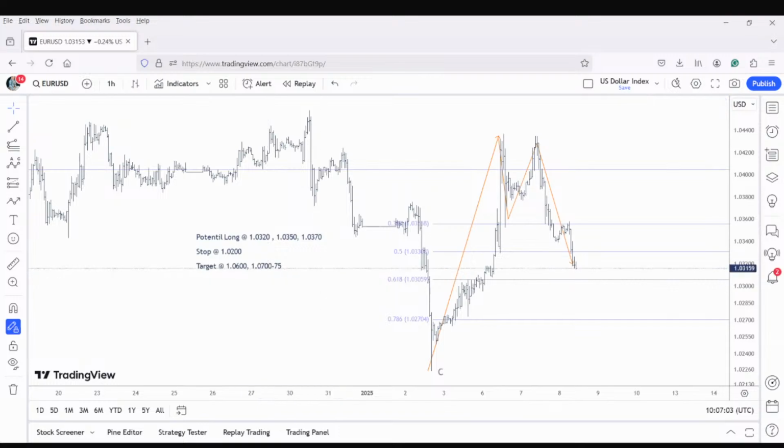For long-term or positional traders, it would be an open call. The bottom line remains 1.0200. Just in case we get stopped out, it's only a matter of time. We will find another entry, because it's just maybe a test of this low. That's all.